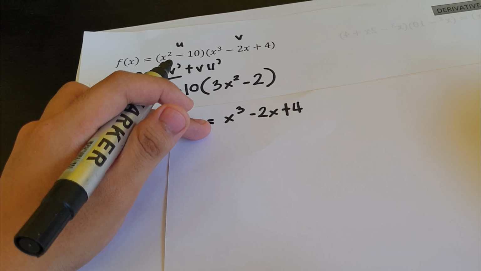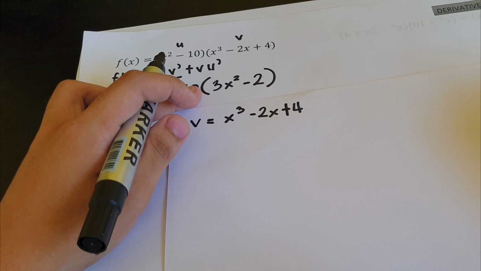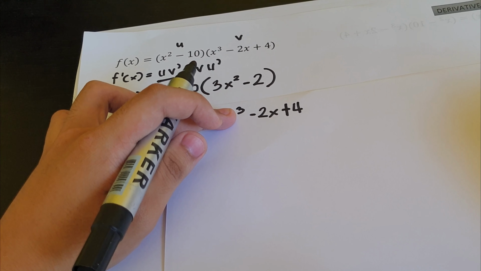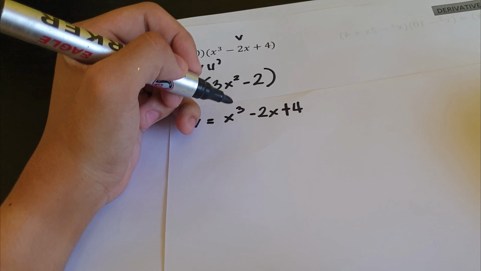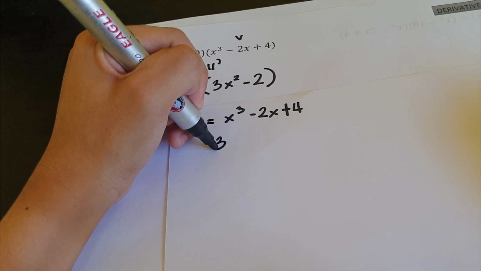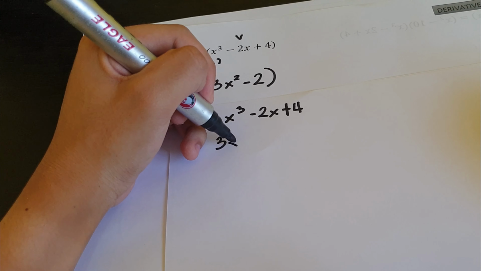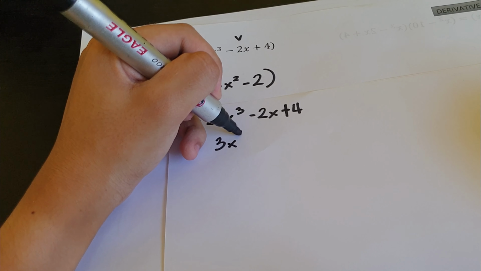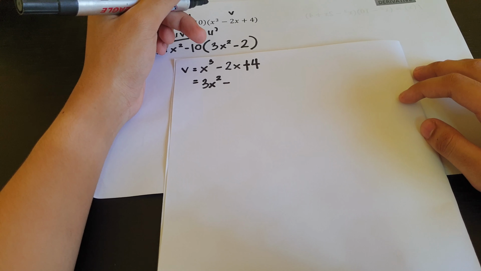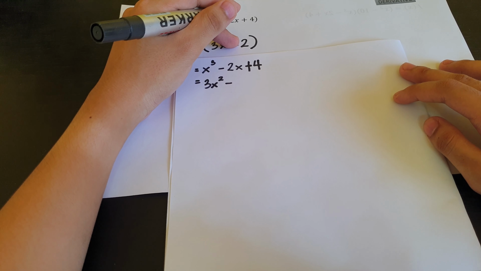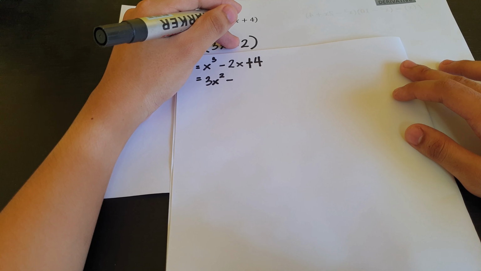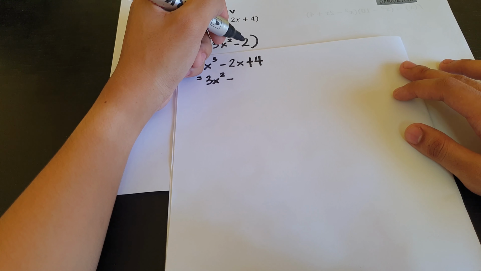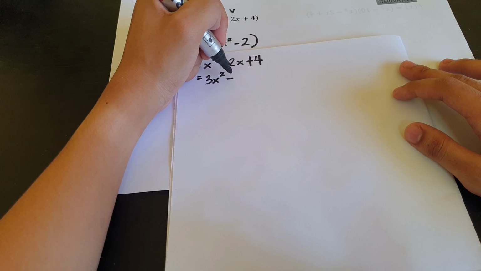Our x cubed becomes 3x squared. We must use the exponent as our coefficient, which is 3. Then copy x, then in the rule, 3 minus 1. Our 2x becomes 2. As stated in the power rule, our exponent becomes our coefficient.